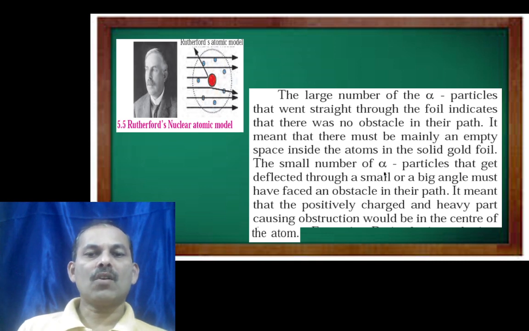The small number of alpha particles that got deflected through a small or big angle must have faced an obstacle in their path. It means that the positively charged and heavy part causing obstruction would be in the center of the atom. This is Rutherford's nuclear atomic model.